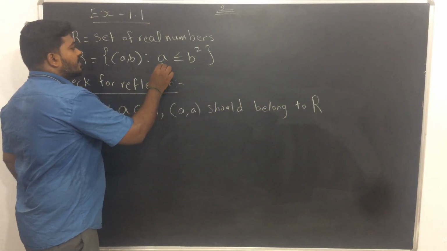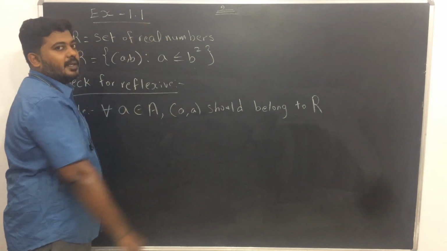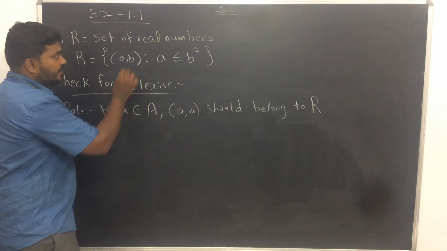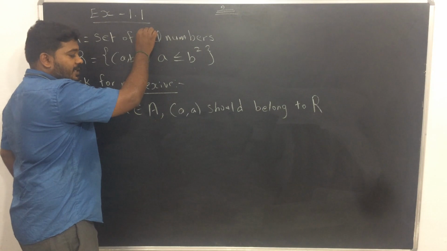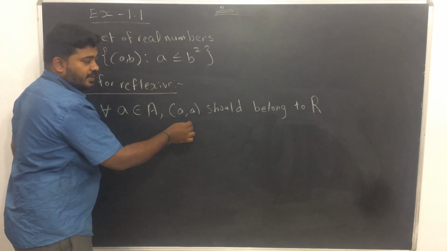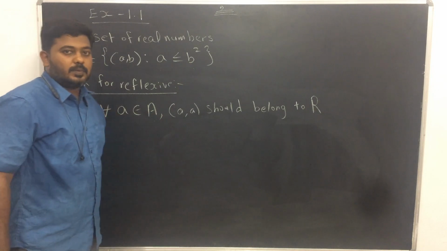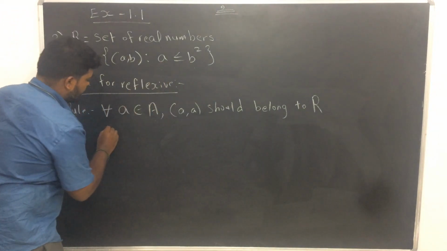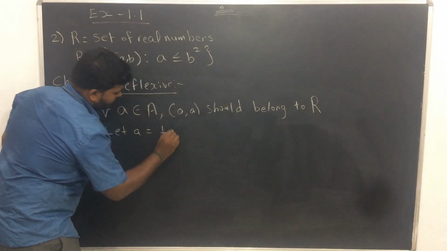Wait. Let's take a to be 1 by 2. Of course, 1 by 2 is a real number, right? This means for every a belonging to the set, every real number, every element in this set, this condition should be satisfied. Now, let a be 1 by 2.